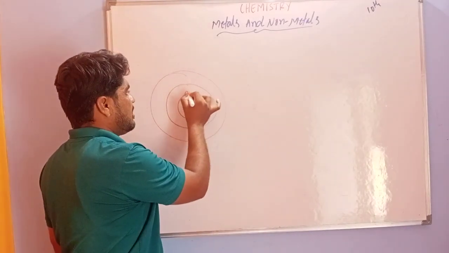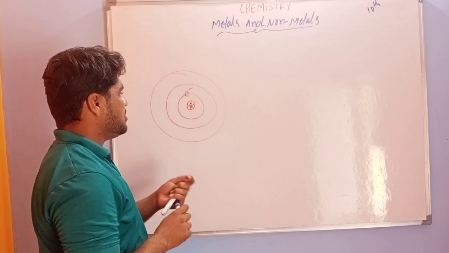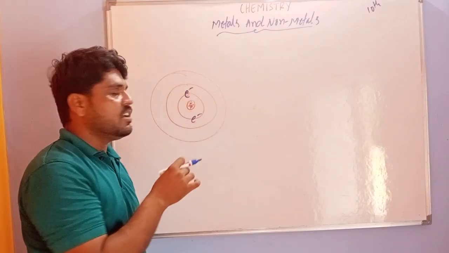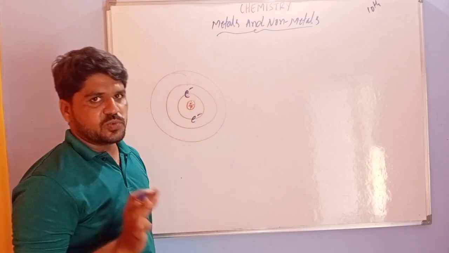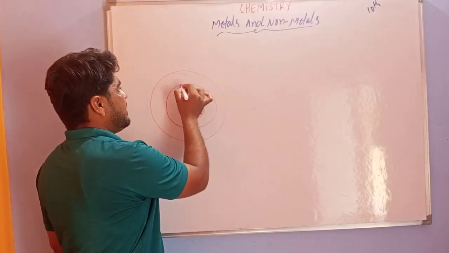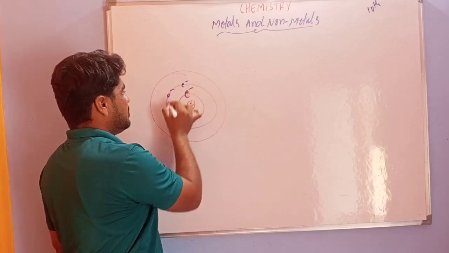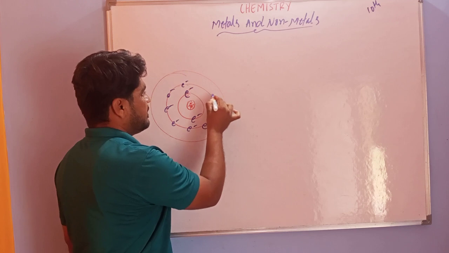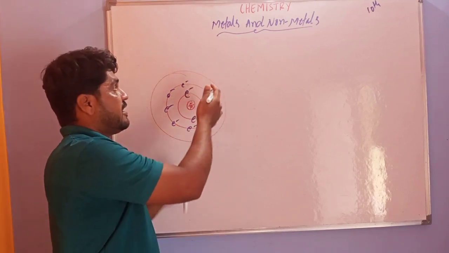These electrons are negatively charged species. In the first shell, we have to fill 2 electrons only. Like that, in the second shell, we have to fill 8 electrons: 1, 2, 3, 4, 5, 6, 7, 8. Like this in the third shell.